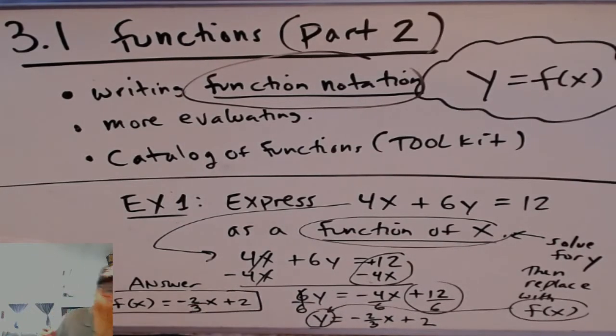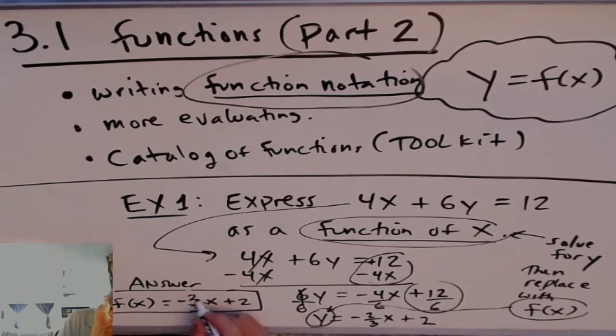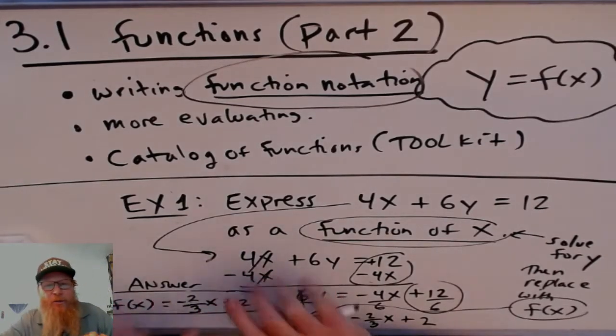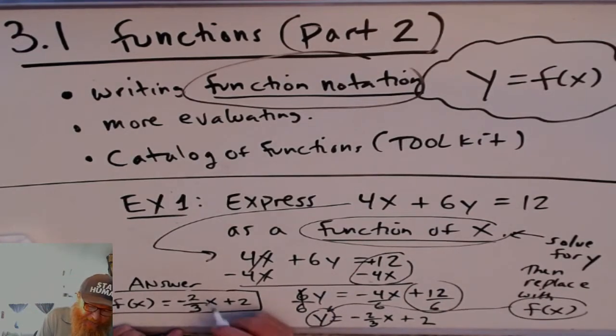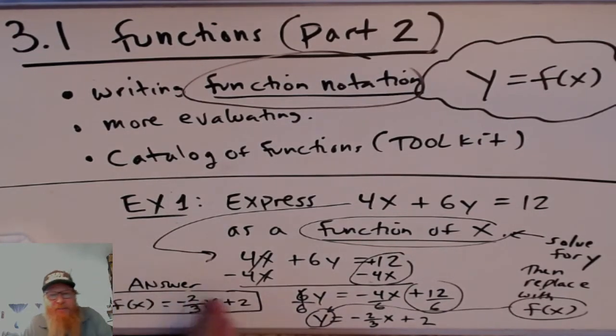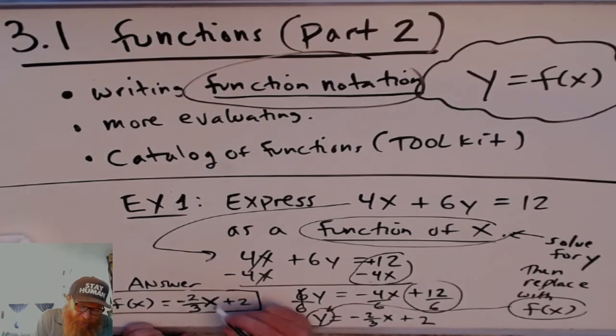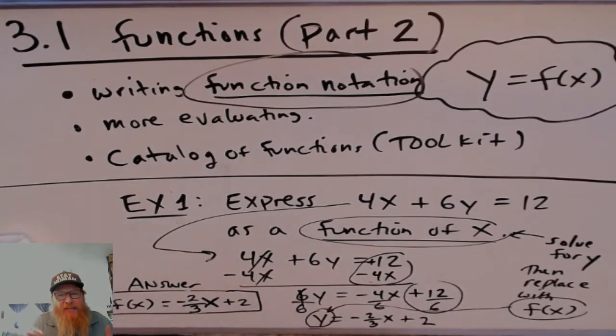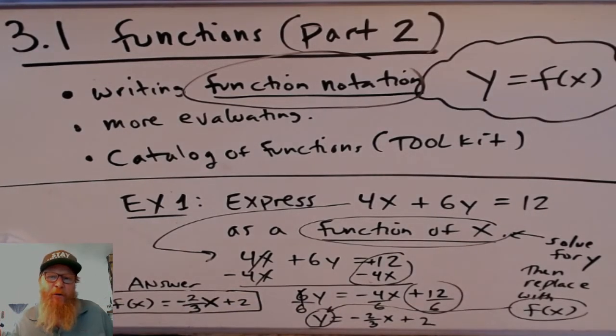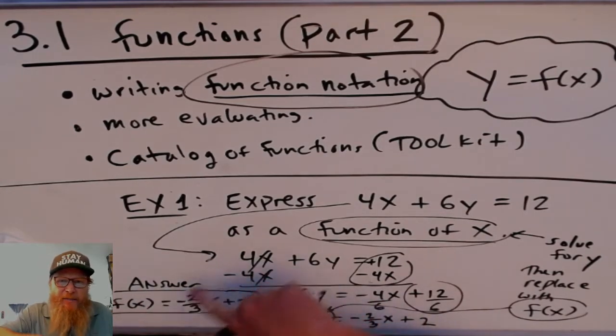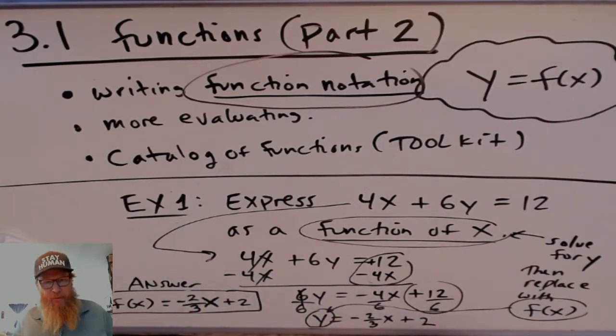Let me write that a little bit bigger. Make sure you don't accidentally put the x in the denominator. So when you're typing it, make sure the x is either off to the side, or if you really want to be safe, you can put the x up top with the 2. I would also accept negative 2x over 3.